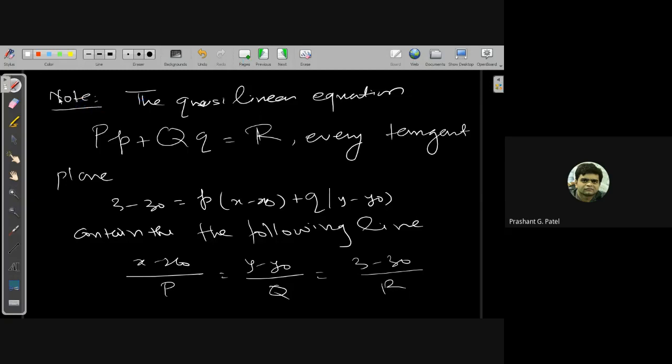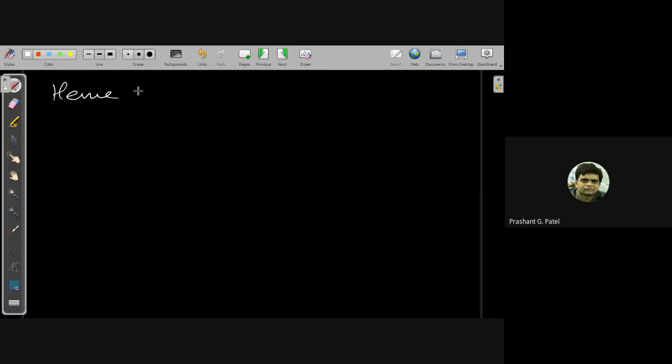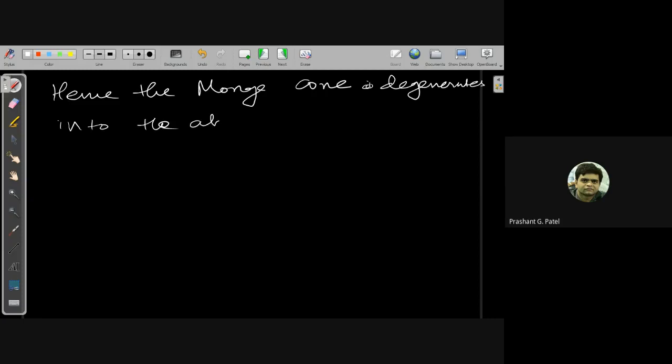So what we can say is, hence the Monge cone degenerates into the above straight line at each point.